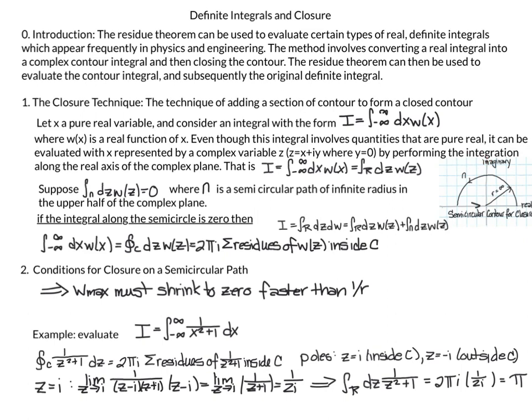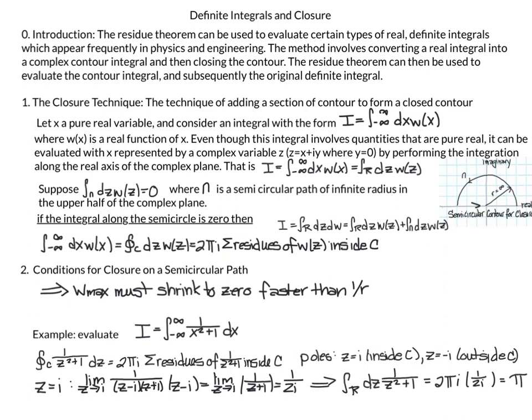And even though this integral involves quantities that are purely real, x is on the real axis, we can evaluate the integral by representing x with the complex variable z. Remember, z is equal to x, a real portion, plus iy, and y is what gets multiplied by i and becomes the imaginary portion.